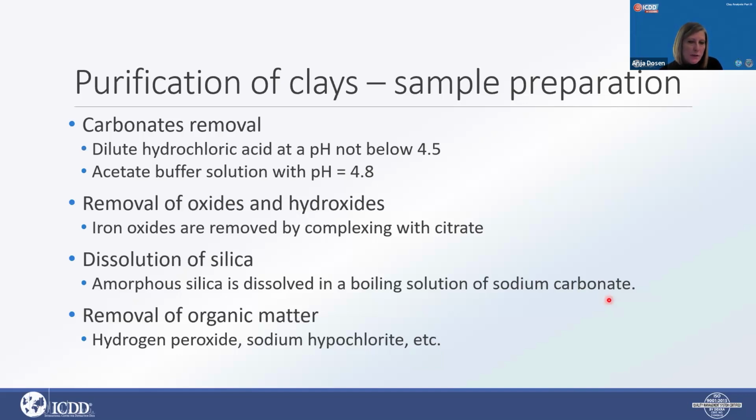For removal of oxides and hydroxides, this generally relates to iron oxides. We can try to remove the iron oxides by making complexes with citrates. And if there's amorphous silica present, that can be dissolved in a boiling solution of sodium carbonate, and organic matter can be removed by using hydrogen peroxide, for example.